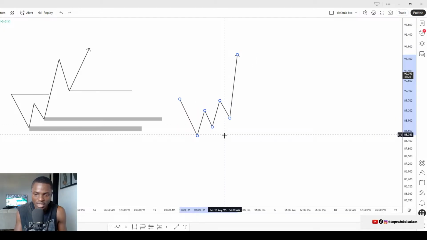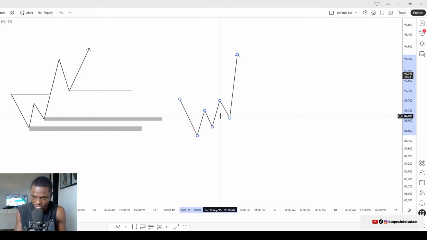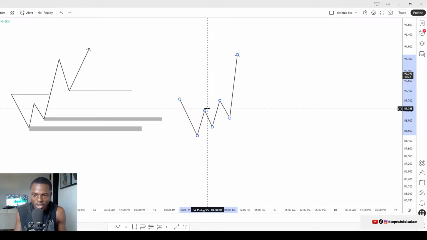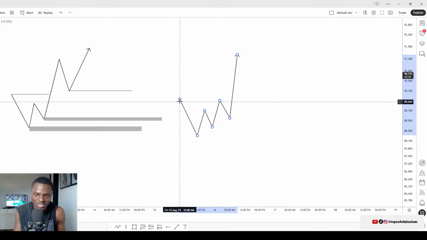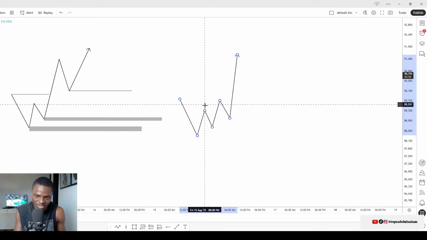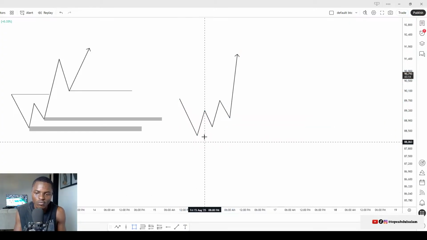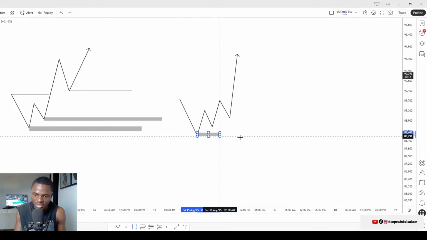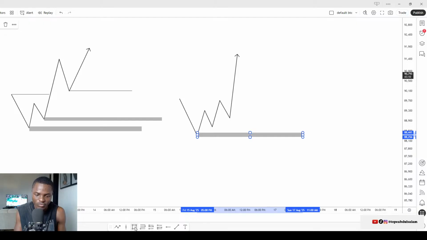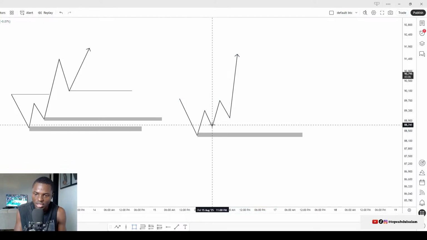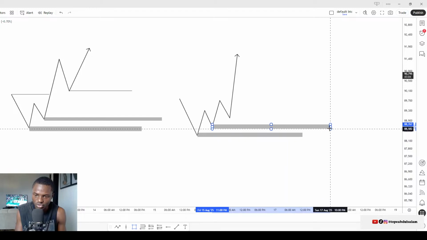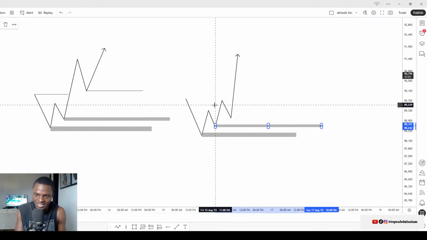And let's say you pick this as your inducement after breaking this structure, but you are not looking at the overall structure. This is the main external structure here. This one is just internal structure and is a fake out. So you need to look at the overall structure of the market when you are picking your break of structure, because this is an internal structure and this is the external structure.